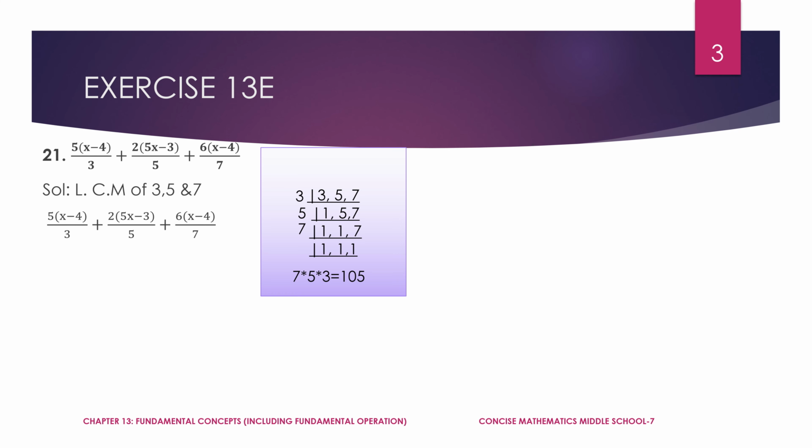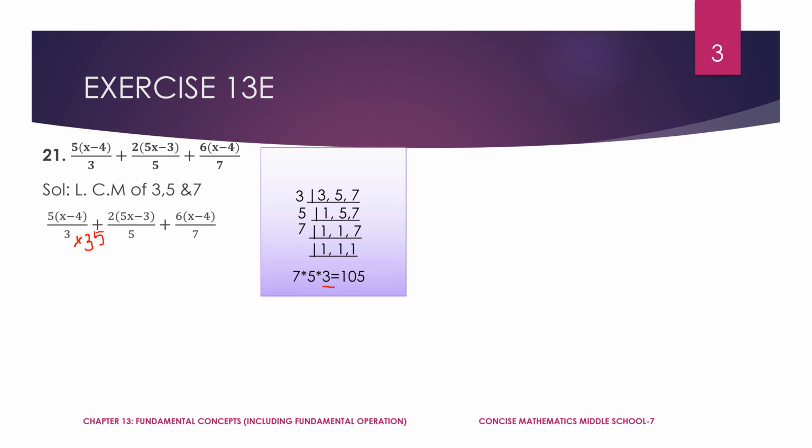It is difficult to find out which number. Look here, here also there is 3, right? So just leave off this 3 and check for the other two numbers. 5 sevens are 35, right? So 35 should be multiplied here. Even in this way you can find out which number is to be multiplied.